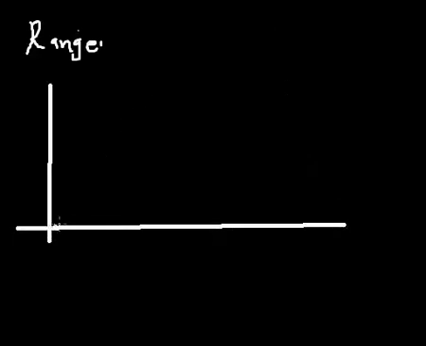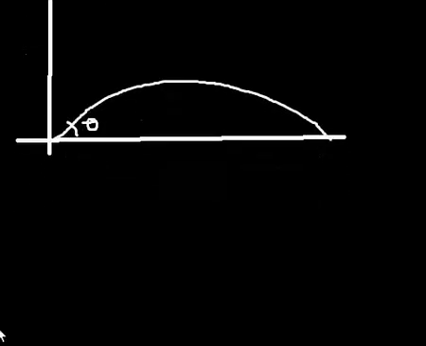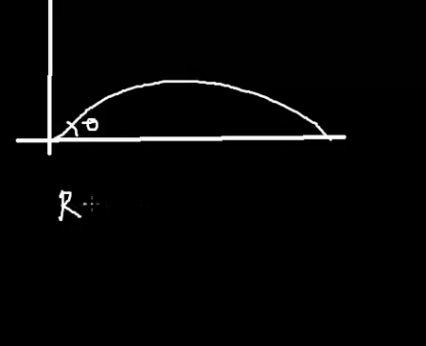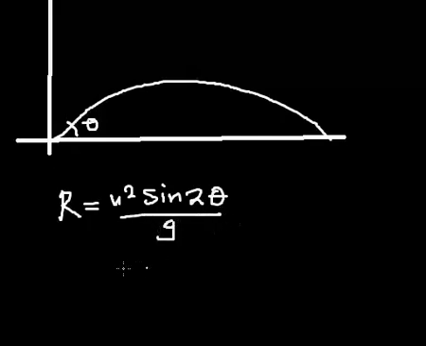So the range of a projectile definitely depends on the angle of projection, theta. Let's go by the formula: the range is equal to u square sine 2 theta, all over g.